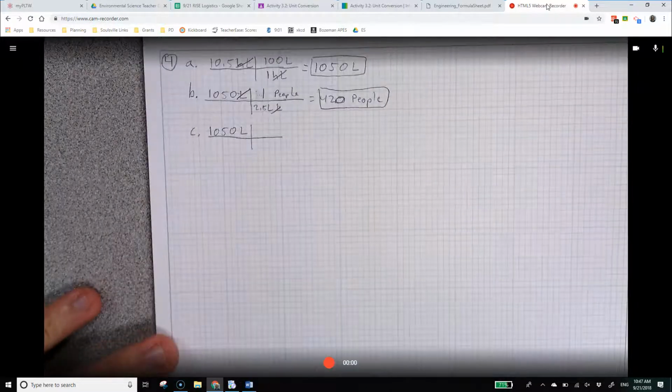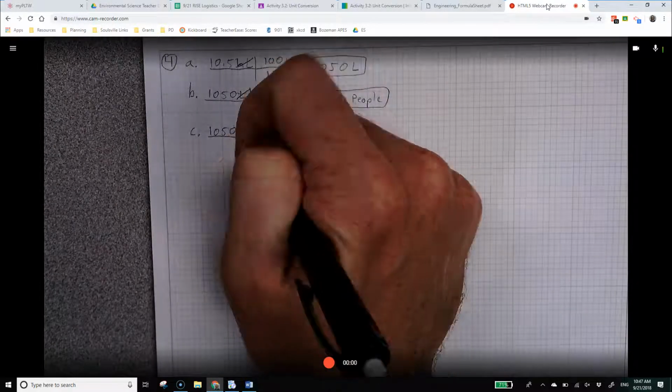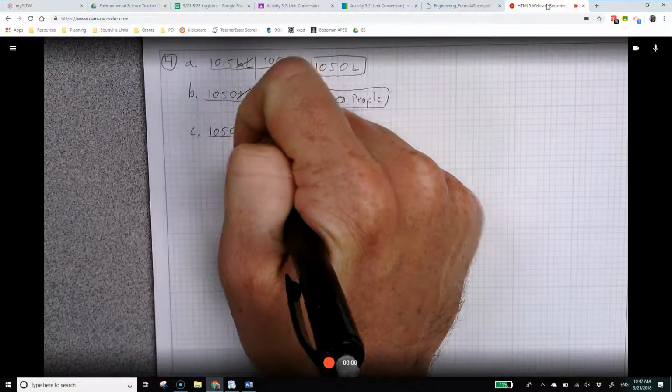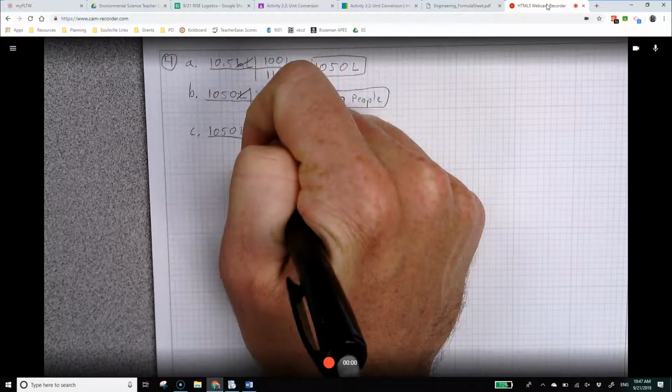All right. And then it says that the village needs 430 liters per day. So what should be my conversion from liters to day? Exactly. 430 liters on the bottom, and 1 day on the top.